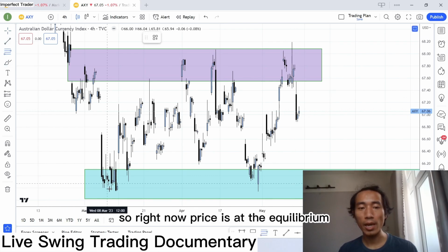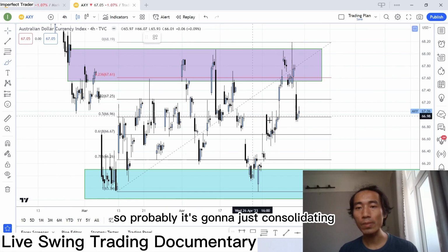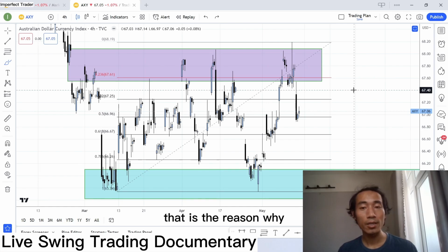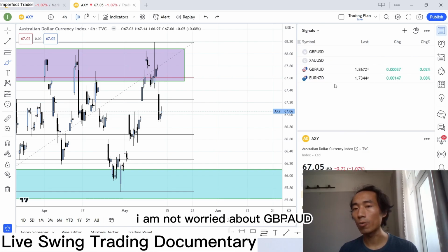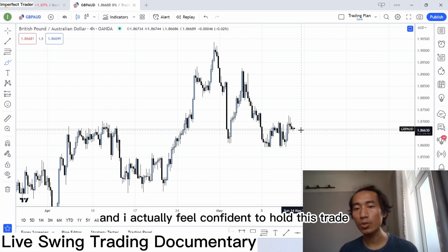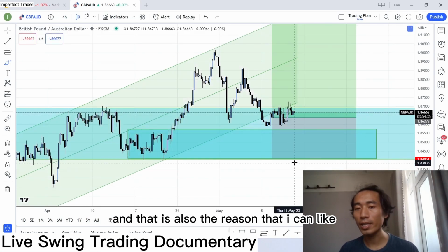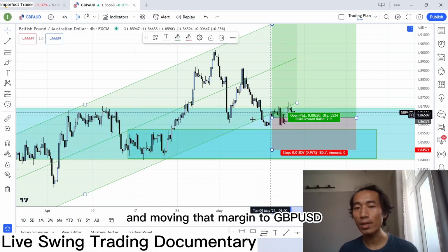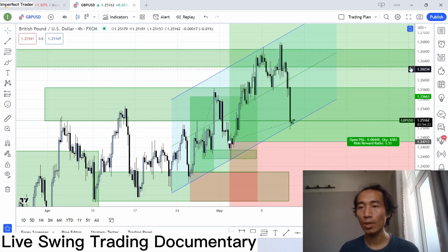So right now price is at equilibrium, the fair price in this range. So probably it's gonna just consolidate and eventually trade lower. That is the reason why I am not worried about GBP AUD, and I feel confident to hold this trade. That is also the reason I can remove a little bit of stop loss and move that margin to GBP USD.